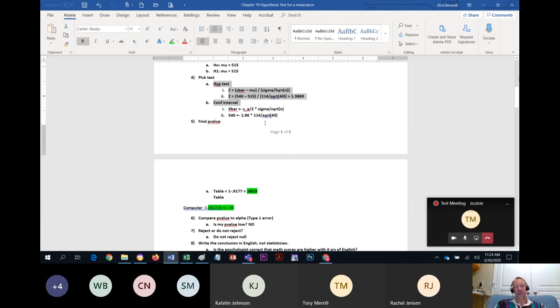A lot of times students will do the hypothesis test correct and the confidence interval wrong, or vice versa. And I will say, do these agree? Even if you did one of them wrong and they don't agree, usually they should agree, but you should recognize when they don't agree. So anyway, I know this is hard.